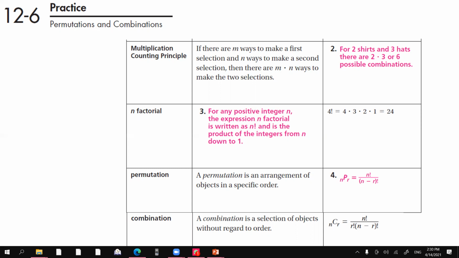Okay. Now lesson number 6, permutation and combination. Let's remember that in lessons 1, 2, 3, and 4, we talk about statistics. In lessons 6, 7, and 8, we talk about probability.